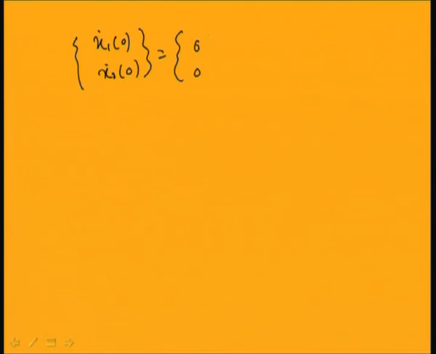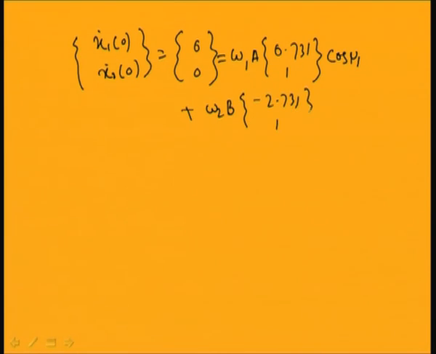This will be equal to omega 1 a into 0.7311, differentiation of sin is cos, so cos psi 1, plus omega 2 b into minus 2.7311 cos psi 2, equal to 0.